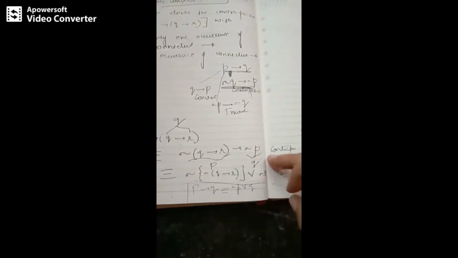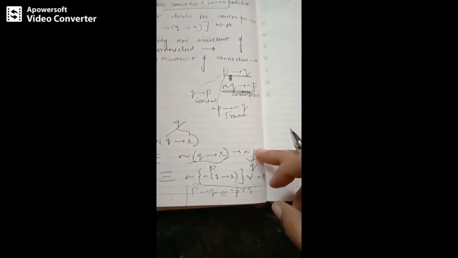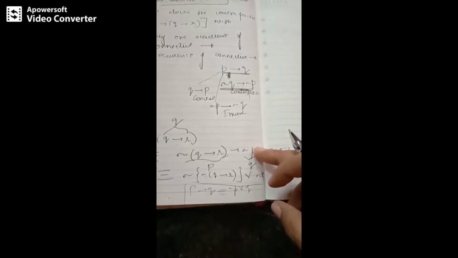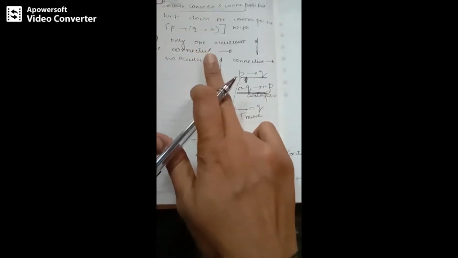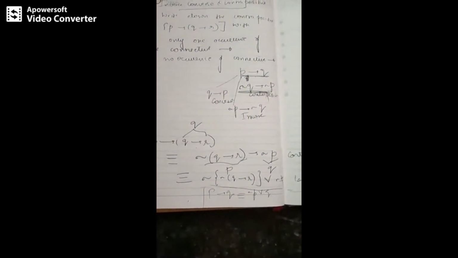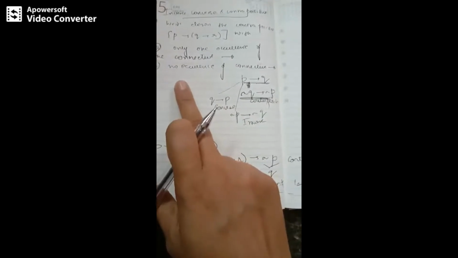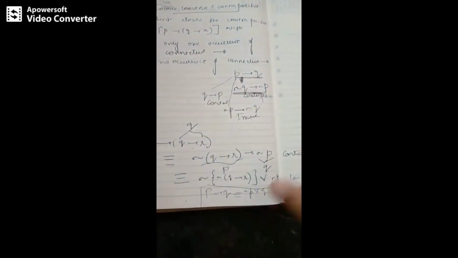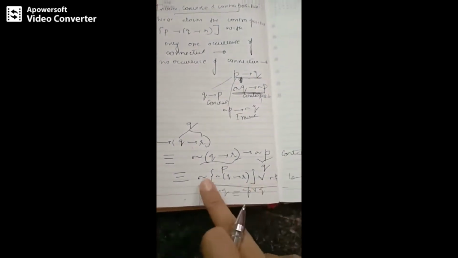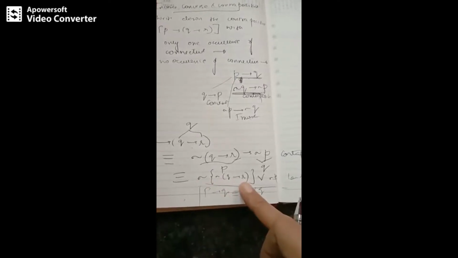Next, further simplify this term. So before simplification, we have to check what we have to arrive at. For example, we need to have only one occurrence of the connective implies, and no occurrence of the connective implies. So first let's solve this one. So this is double negation, right?